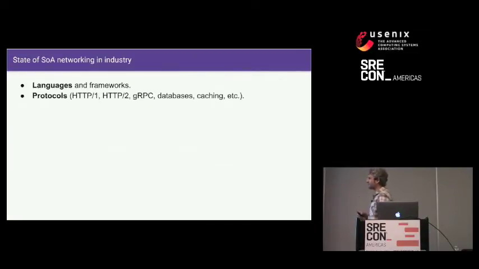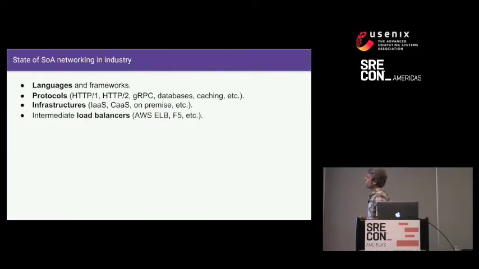So we've got tons of different applications out there. We have a whole lot of different protocols. So we have H1, H2, we have gRPC, we have different databases, we have different caching. We have a whole bunch of different infrastructures. So that's infrastructure as a service, containers as a service. We have people that are running on-premise. And then we have all kinds of different load balancers. Those are virtual load balancers. Those are hardware load balancers.